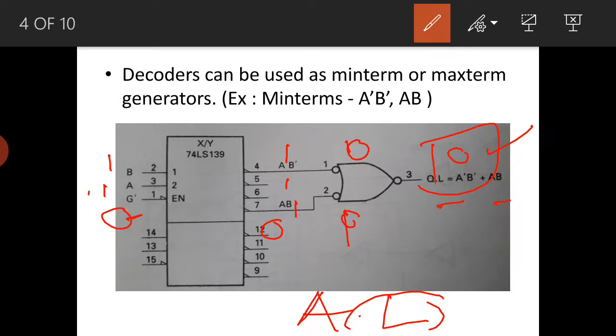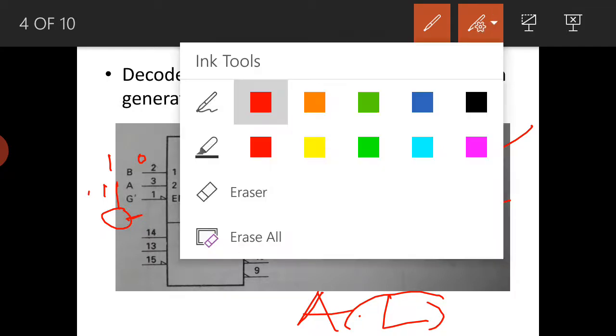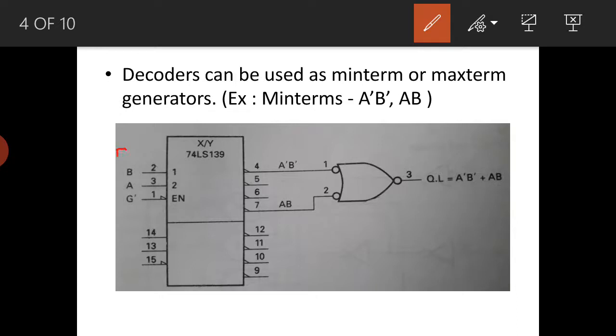So that is the active low output. But if you take another combination, for example 0 1, then 5 and 6 will be 1 and these two will be 0. If it is 0 1 for AB, G should be 0 anyway, and then this will be 1, this will be 1, 5 will be 0 and this will be 1. So 1 1 1, and both will be 0 0.